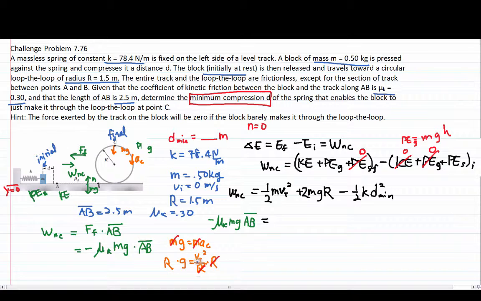I'm going to leave it as vt squared because we have vt squared in our main equation, and simply plug this in here. So let's finish our equation.